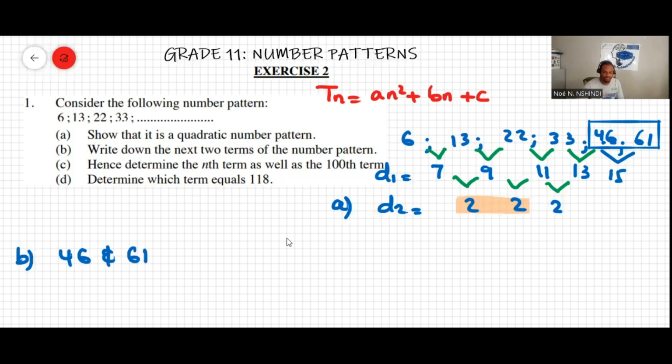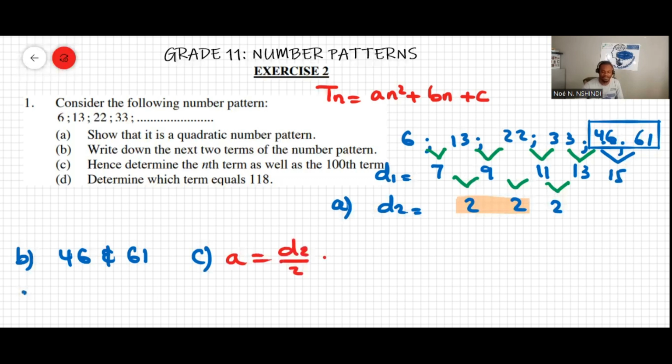And then C, the question says hence determine the nth term as well as the 100th term. So to find the nth term, there are some formulas that I would like to list here. We need to know that the coefficient A is equal to the second difference over 2.